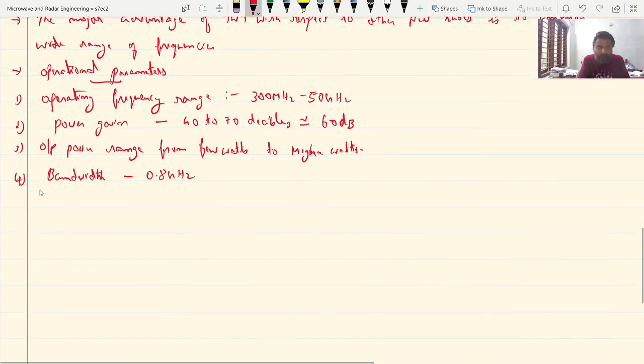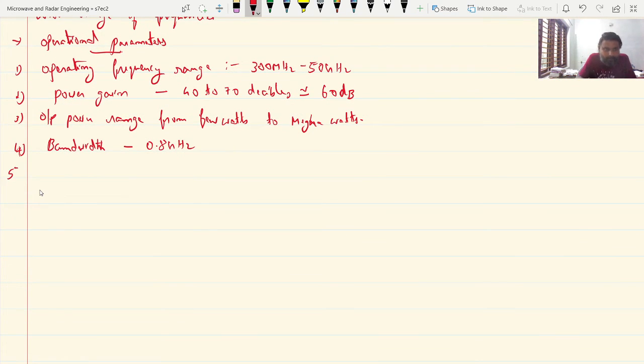The fifth point is efficiency, about 20 to 40%, which is not so high, but we normally utilize this tube anyway. The power output is up to 10 kilowatt average.